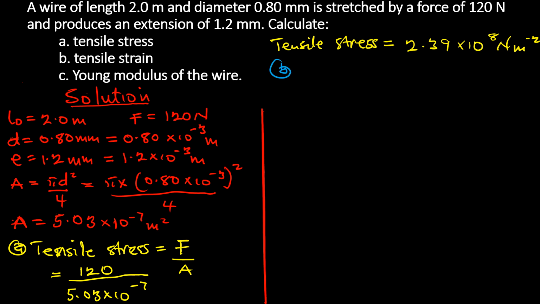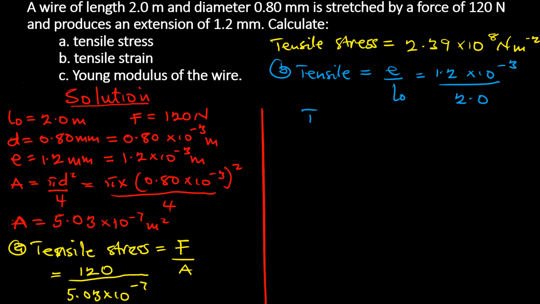Question B, we have to calculate for tensile strain. So tensile strain, the formula for calculating for tensile strain is extension, which is E, over original length of the wire. So we have extension to be 1.2 times 10 to the power minus 3 over the original length of the wire, which is 2.0.